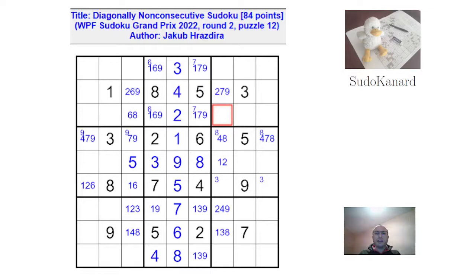Hey, I didn't do the job for this cell, the initial job of seeing what is possible. So 1 looks possible, 2 is not, 3 is not, 4 is not because of the rule, 5 is not, 6 is not, 7 is not, but 8 and 9 look possible. So that's some kind of restriction.